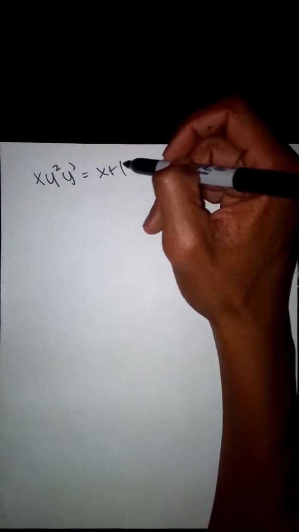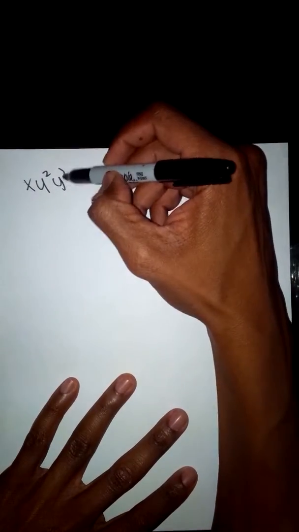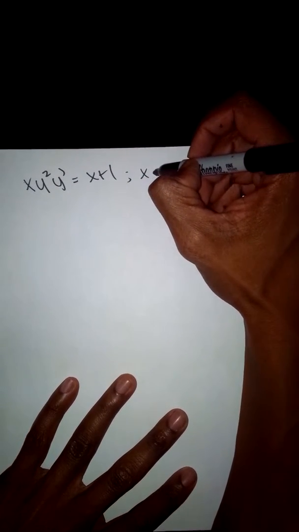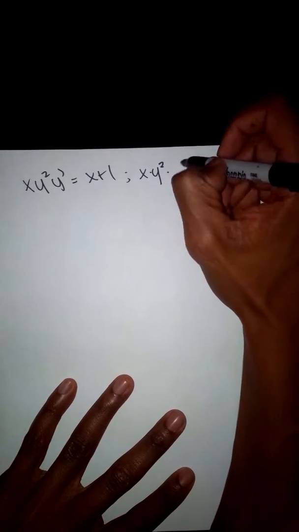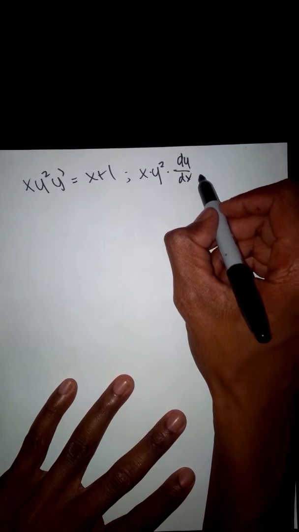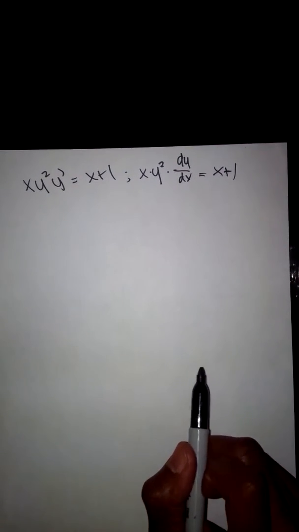Now, initially what I like to do is write this y prime out as dy/dx. So I'm going to do x times y squared times dy/dx is equal to x plus 1.